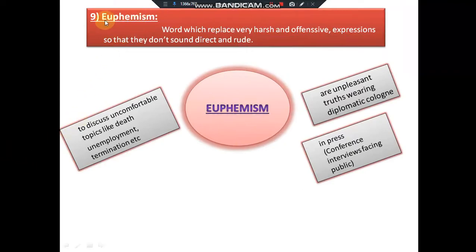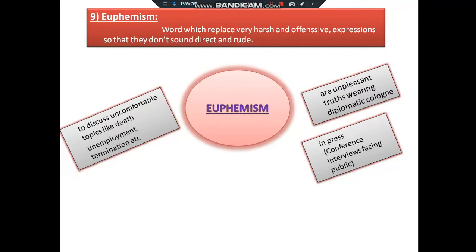The next is euphemisms. E is silent. Euphemism basically is a word which replaces very harsh and offensive kinds of expressions, so that they do not sound direct and rude. It means that you use such expressions, such words, that are replaced with some offensive, some ironical, some rude expressions.